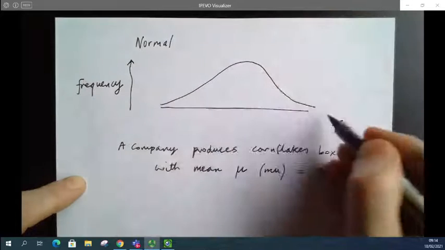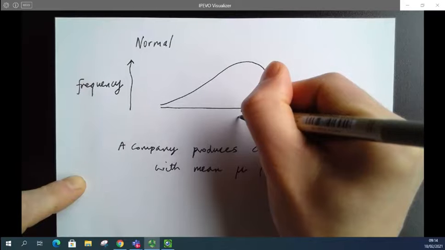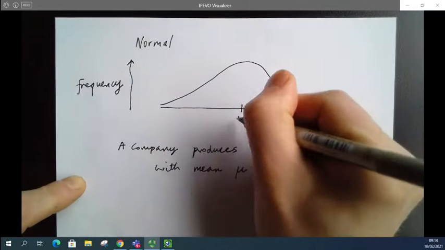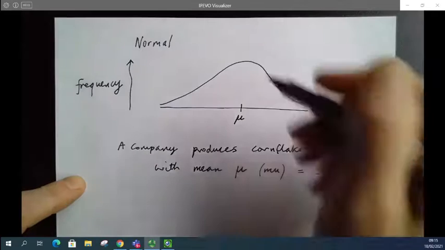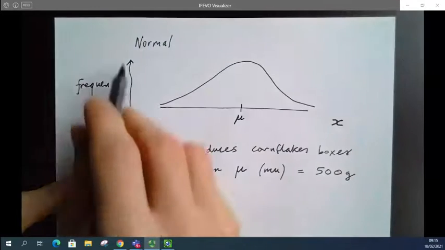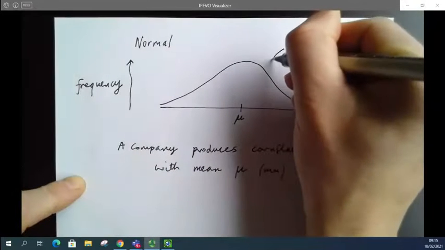They should be symmetrical, by the way, and the mean is in the middle. So I could just write mu here in the middle, or I could write 500. I'll write mu, so it's general. Now, because this is the frequency here, there's a few features of this curve.